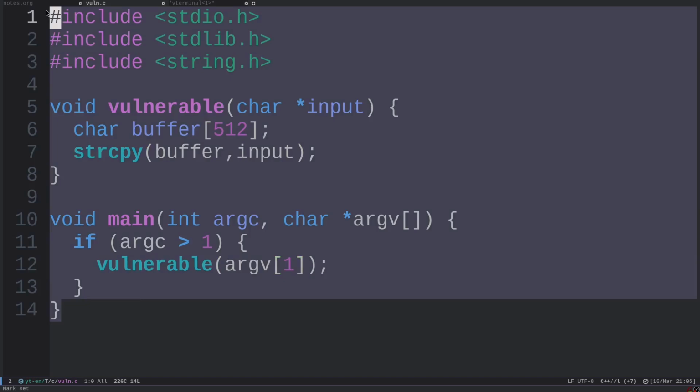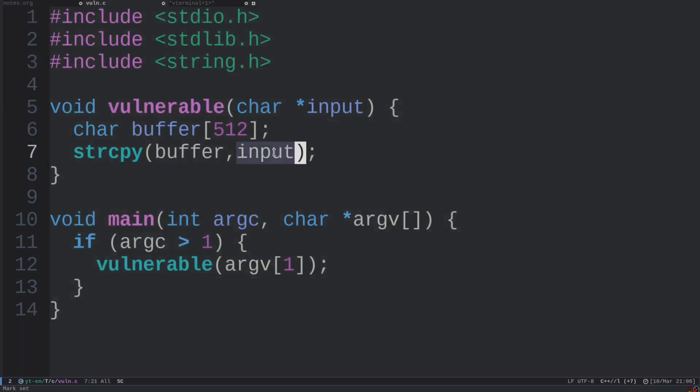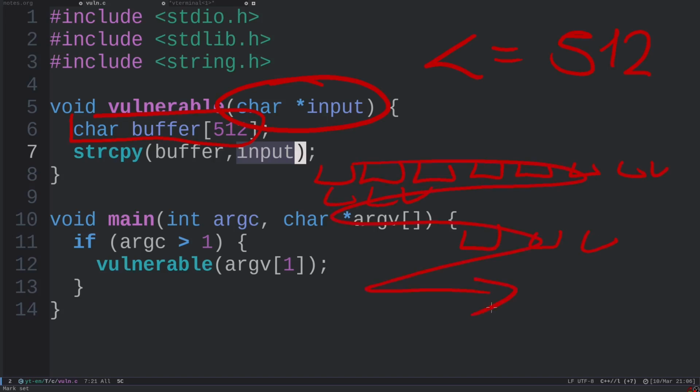However, there is no logic that validates the length of this user input to make sure it is less than or equal to 512. It means that the user can write an arbitrarily large amount of data. I'm gonna copy it into this buffer. At some point, the bytes are gonna be over, but I'm gonna keep copying. And by continuing to copy, I'm gonna overwrite sensitive data structures, and this will crash the program.